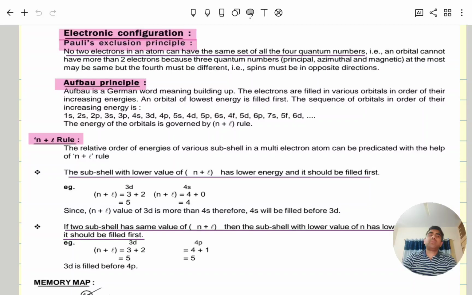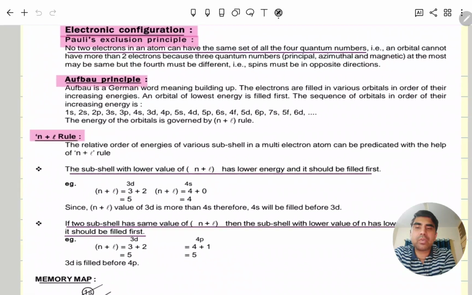Next, coming to Aufbau principle. The Aufbau principle is telling us how to fill electrons inside the atom. Those orbitals whose energy is less are more stable, so first we will fill those. We can calculate energy or stability by the n plus L rule.